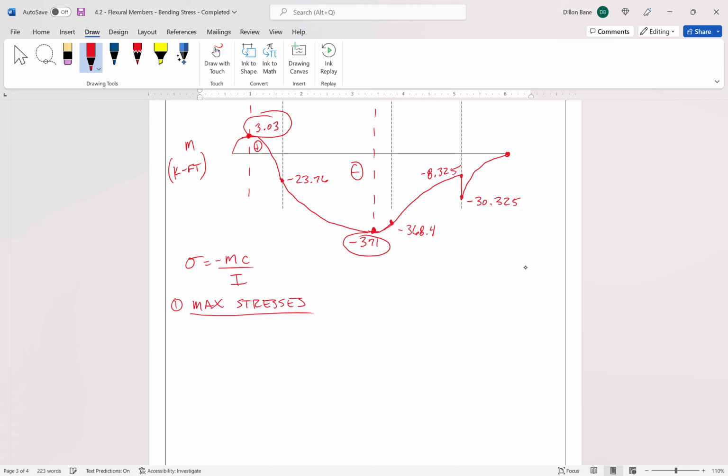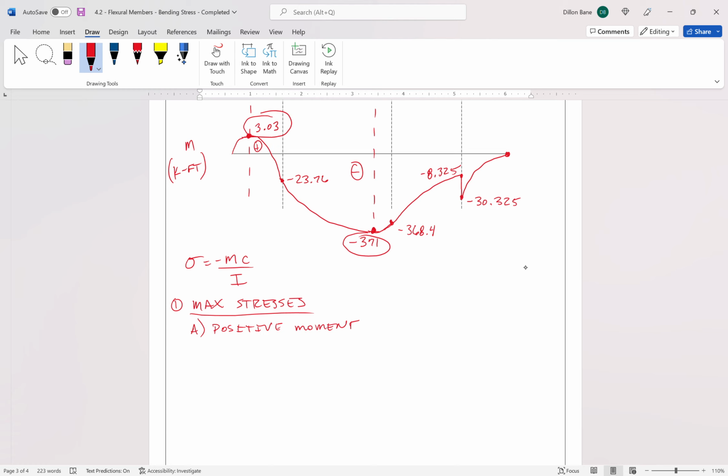Part A, positive moment. At the location where the maximum positive moment is, this 3.03 kip feet, it's a small moment, but it is positive. It is the maximum positive value that we have.